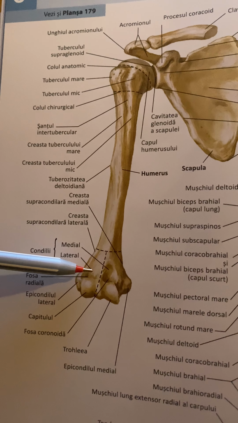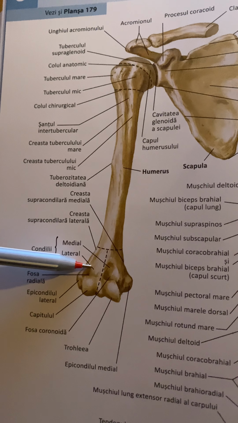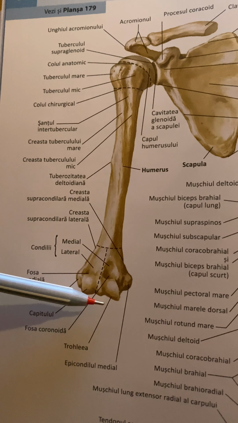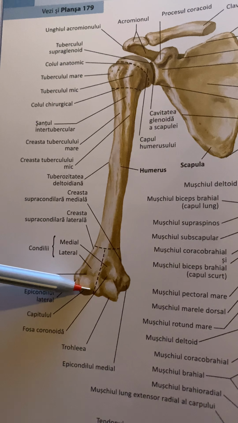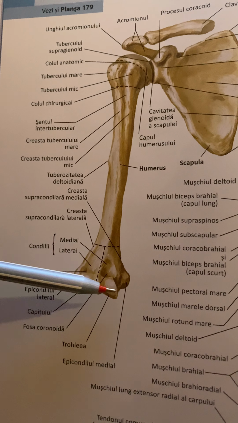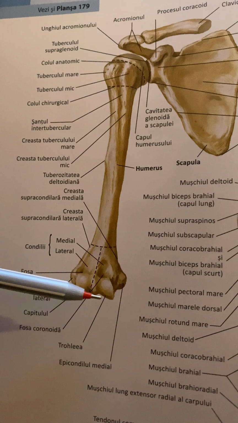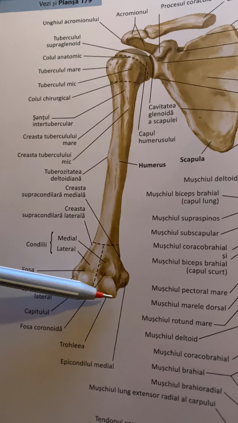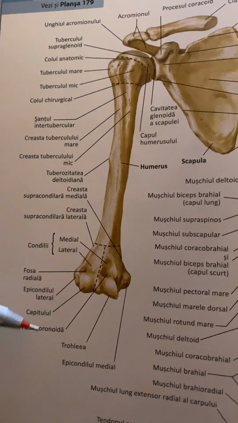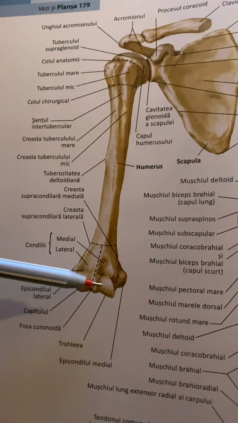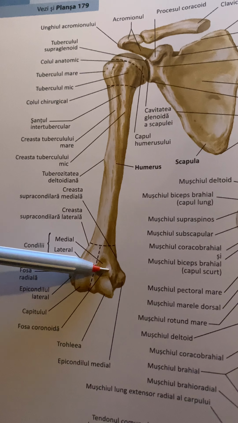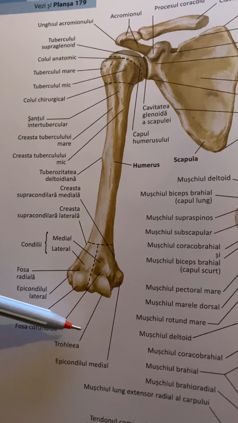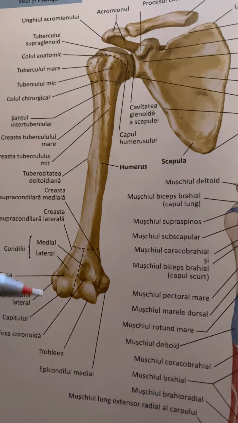They are actually placed here to help connecting with the radius and ulna. So their structures, when we are going to talk about the flexion of the forearm on the arm, they're going to insert here in order to help the flexion.